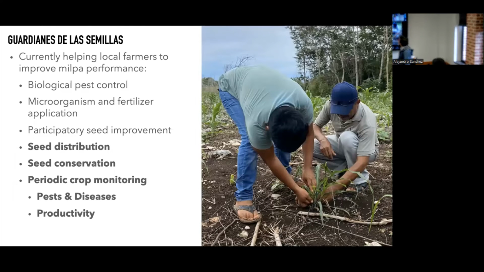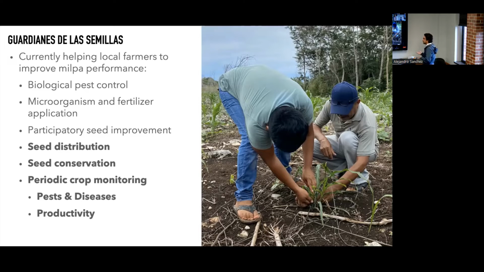Okay, so the Seed Guardians, how are they helping the farmers to improve their performance? They are doing biological pest control. They're trying to move their agriculture from using a lot of fertilizers to organic fertilizers.